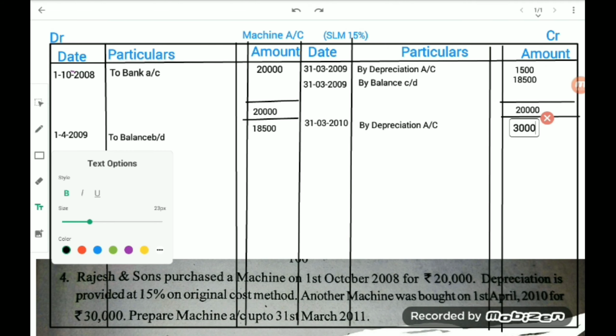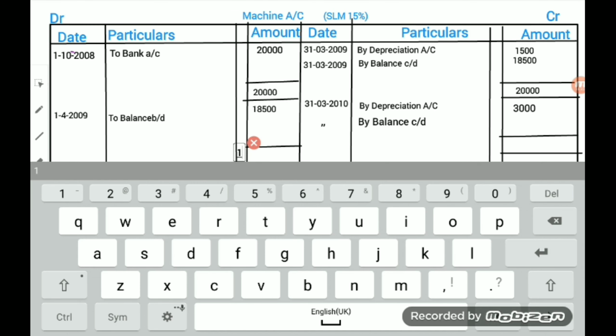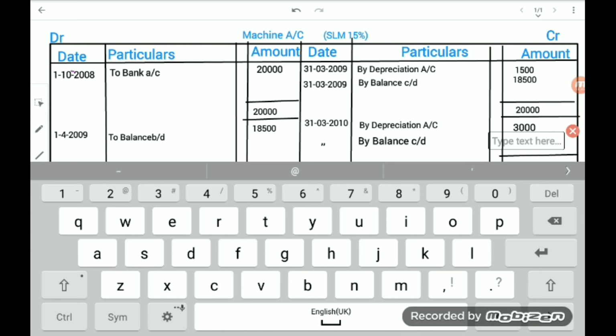So the depreciation is 3,000. Next, the balancing figure, the balance carried down on 31st March 2010. What is the balancing figure? The total on the debit side is 18,500. On the credit side we have 3,000. So from this 18,500 we deduct 3,000, and we get 15,500.